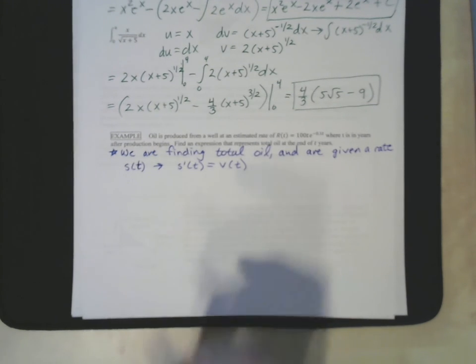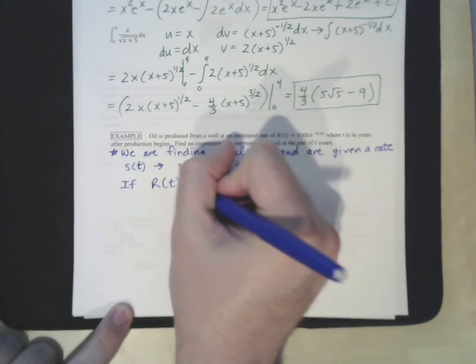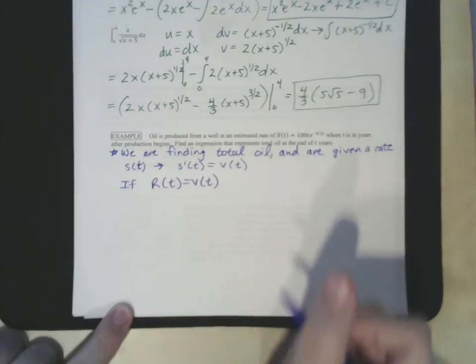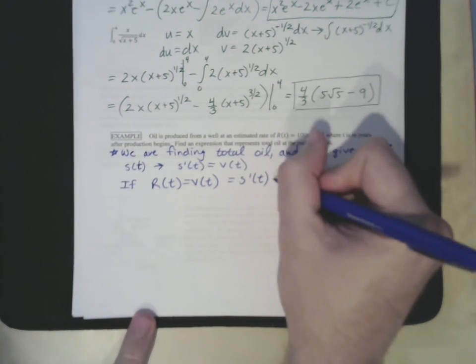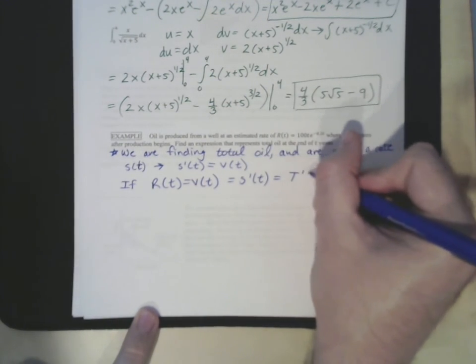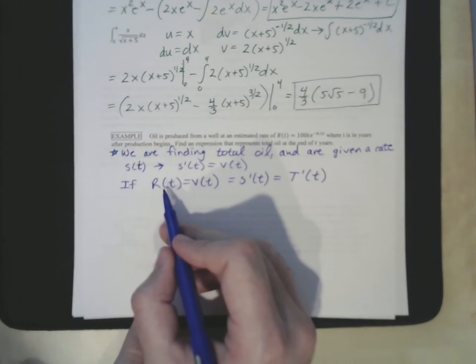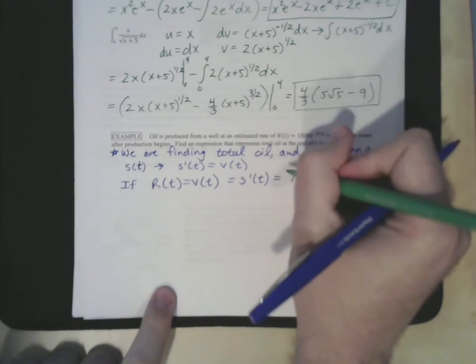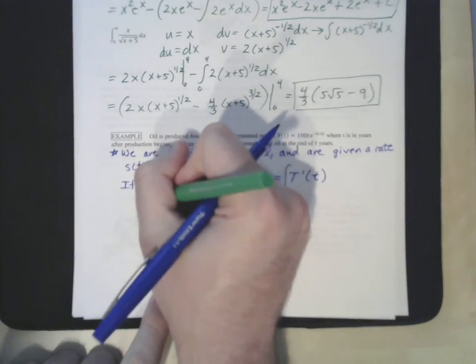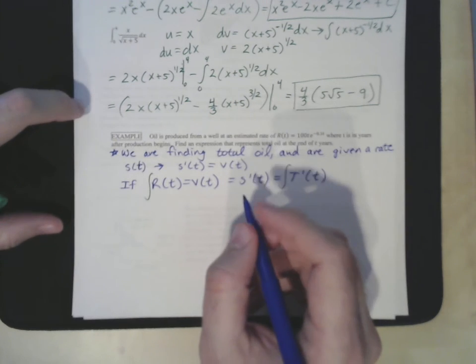So if r of t is our v of t, which is then s prime of t, or what we'll call T prime of t for total oil, what we need to do is integrate. We need to integrate T prime, which means we need to integrate r. And that will give us the T that we want.